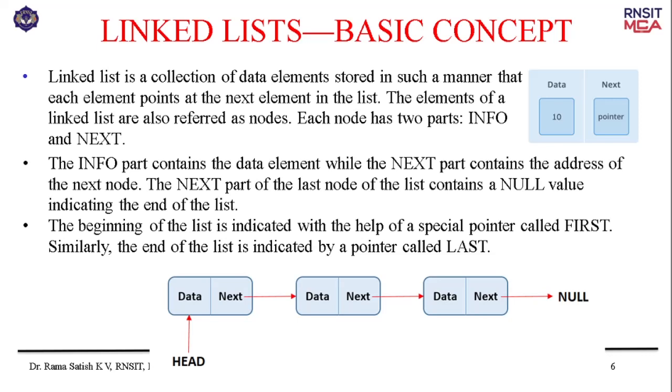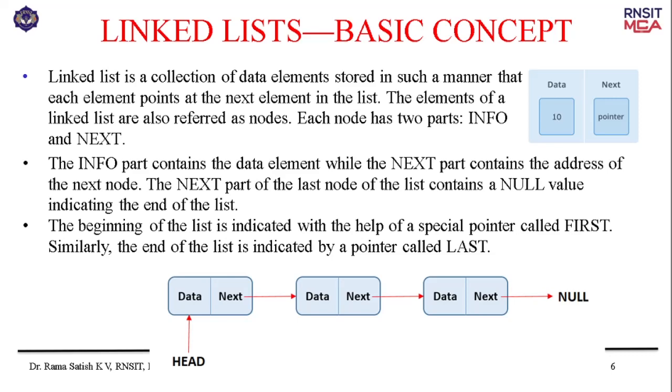The last node of the linked list normally points to a null value, and this indicates that it is the last node. To identify the last node, there is a special pointer called last.